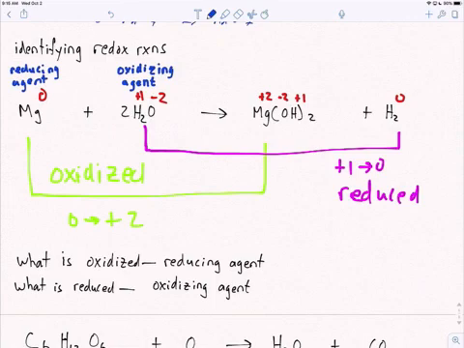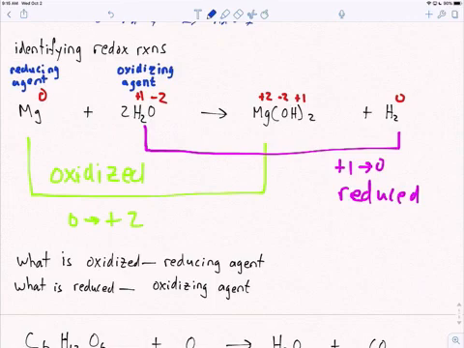So what is going on in this chemical reaction is magnesium is giving 2 electrons to 2 hydrogens, and the hydrogens then become hydrogen gas and they leave. So magnesium is losing 2 electrons, and the electrons are transferred to water, water is gaining electrons.